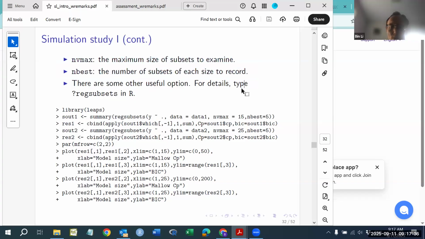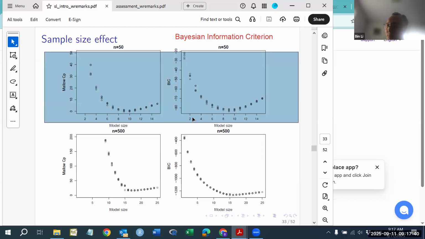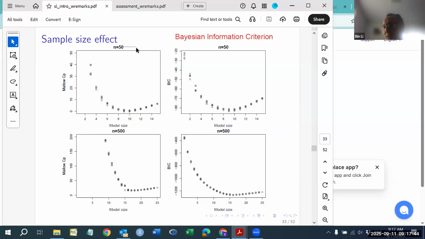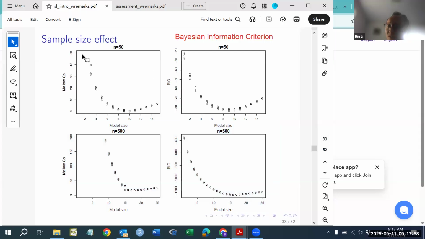You can see the top row is for the small sample size situation, where I only have 50 observations, and the bottom row is for the full data set, which has 500. I select the models. Remember, using best subset, we can select models based on what criteria.